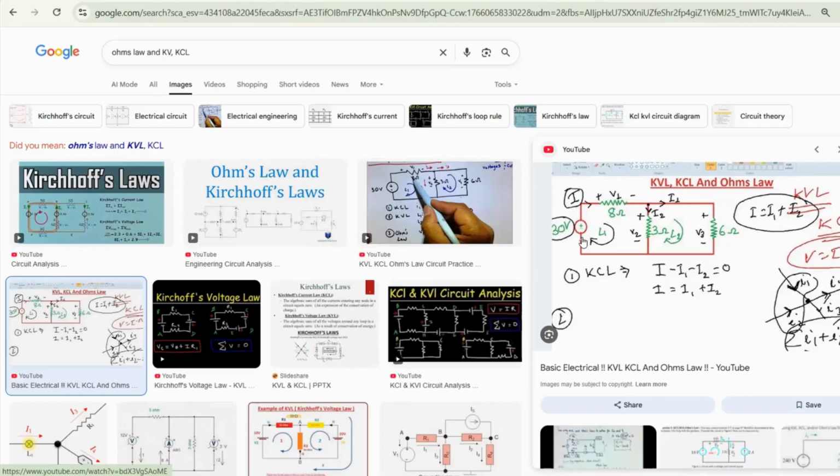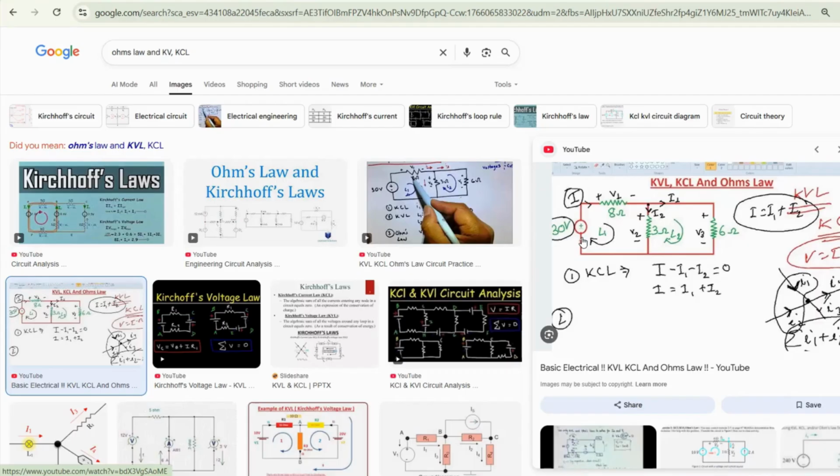As I said, if there is a single source and single resistance, that's very easy to apply Ohm's law.